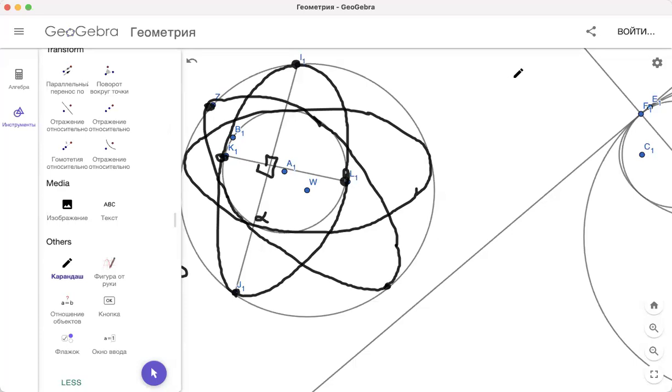So here, as you remember, we consider a family of conics tangent to four given conics.